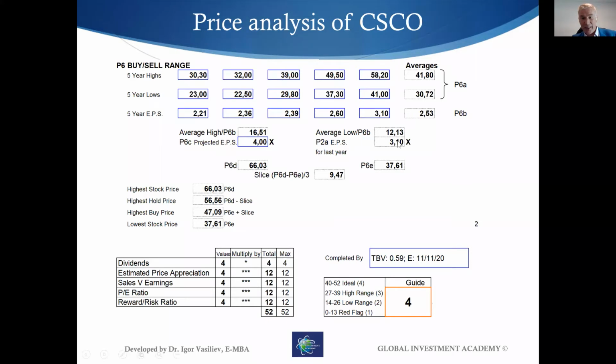We take the last year's actual earnings and multiply by that multiple, and we get $37.61. That's where our risk is. So if we take that 5-year average, when everything was very bad, people paid on average this amount of money, 37. Yes, of course, it can go lower, but on average it's something like that. And the current price is $40.